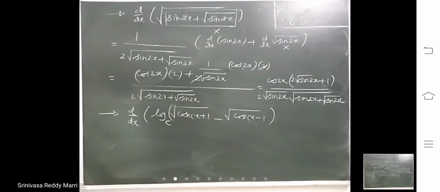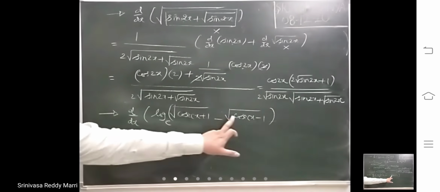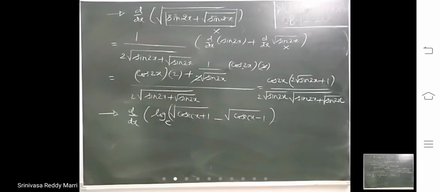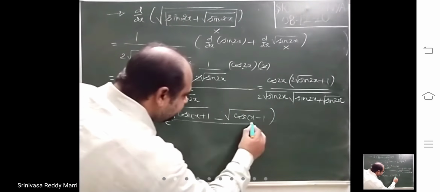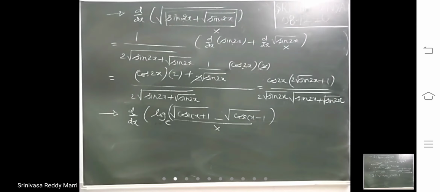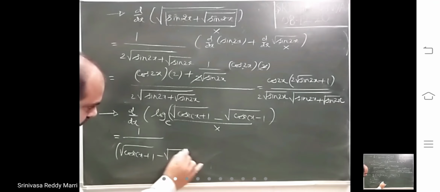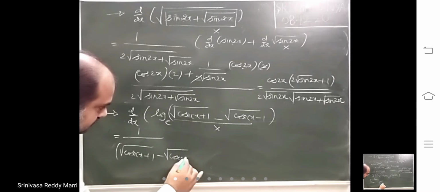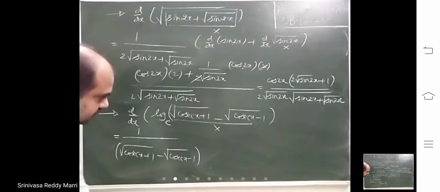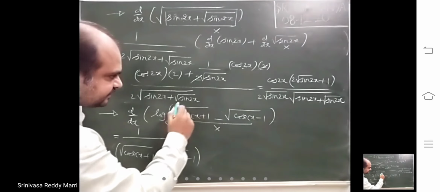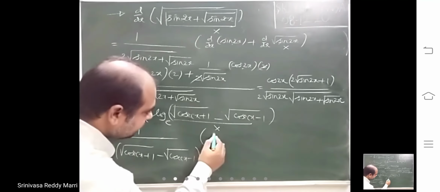D by dx of log of, inside the logarithm this complete expression is there, to the base e. So now look, logarithm function is there. This completely is x. That means 1 by x into d by dx of x, means d by dx of this completely.